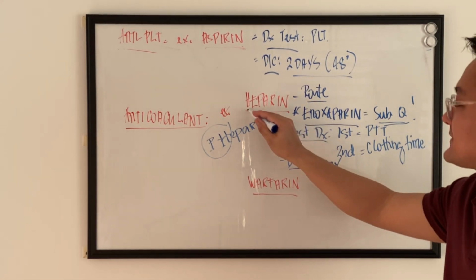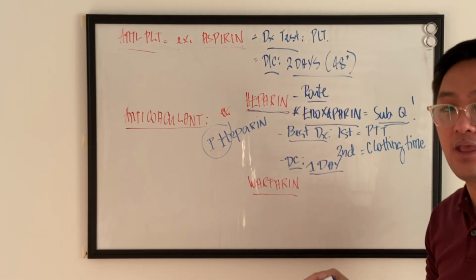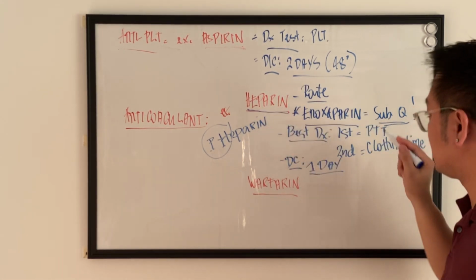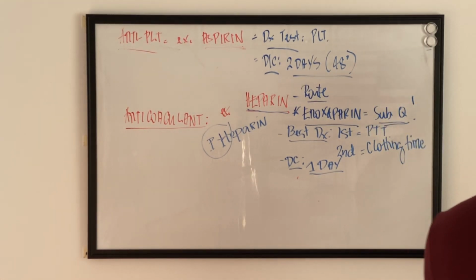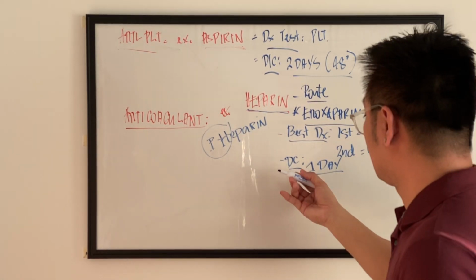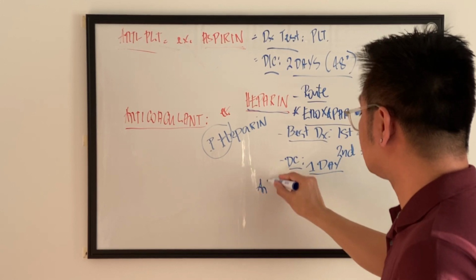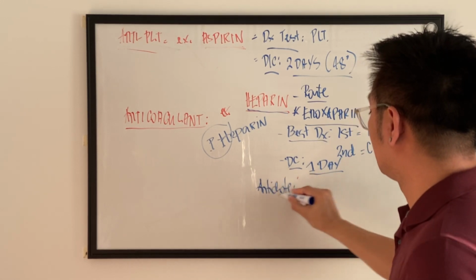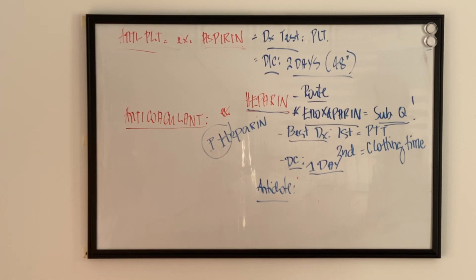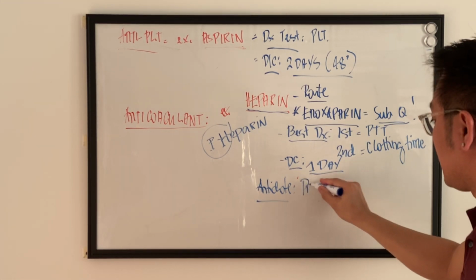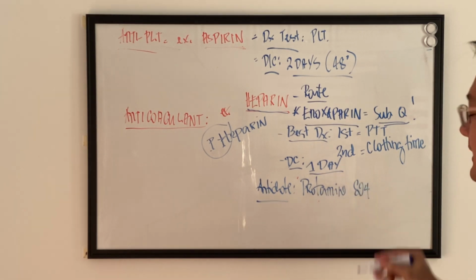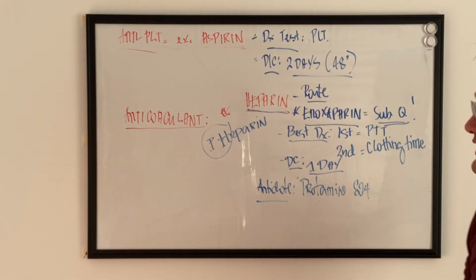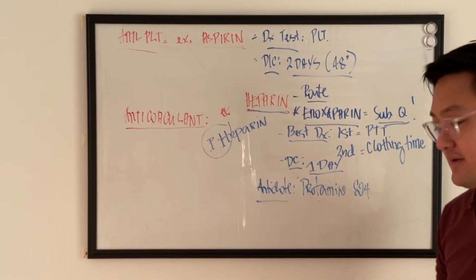If the patient develops toxicity against heparin, the antidote for your heparin will be, of course, protamine sulfate. Protamine sulfate is the antidote of your heparin toxicity, okay?